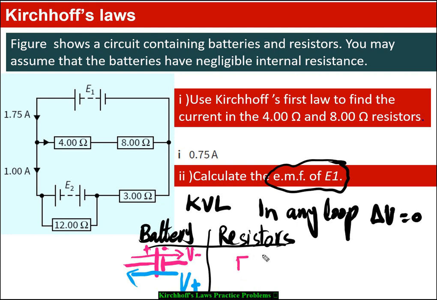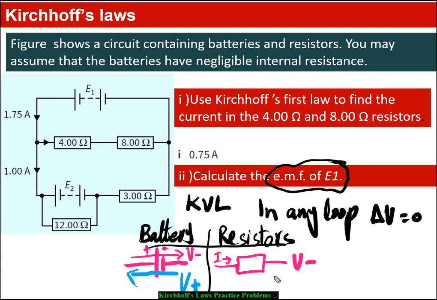Now for a resistor, if we go in the direction of the current, let's say current I is flowing in this direction, from left to right, in this case V has to be negative.